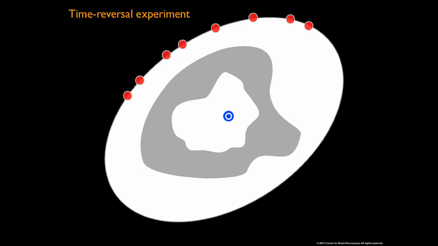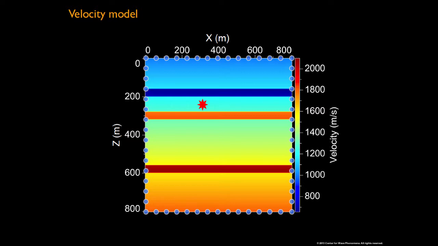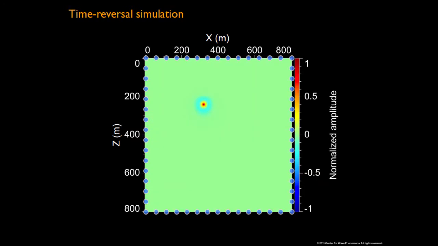But there is some more, and let me explain what the other issues are by showing you a numerical example. Here I'm showing you a 2D model of acoustic velocities, and I've surrounded this model with seismic stations again. I have a source inside the medium, and if I switch to the wave field, the source is injected at time 0, and then the waves start propagating.